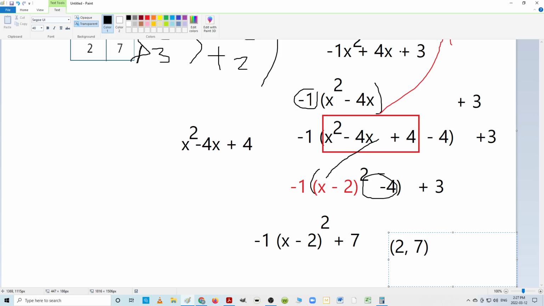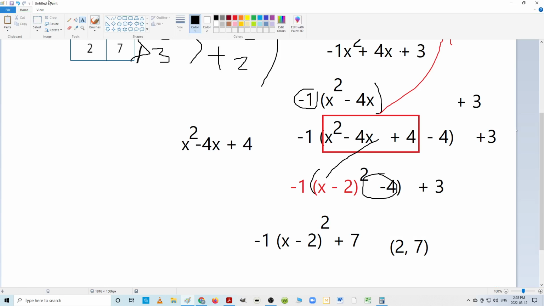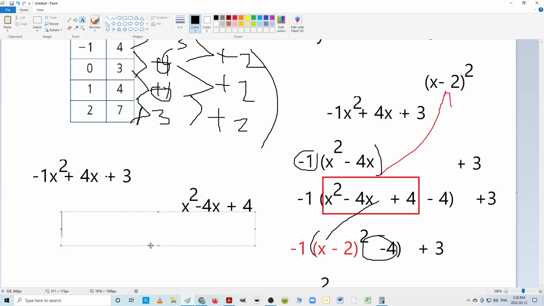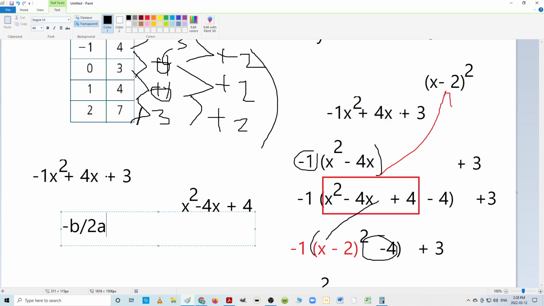I'm going to let you in on a couple of tricks. You can also get the vertex by taking my original equation right here. Your x value of the vertex is also going to be minus b over 2a. What's my b? 4.